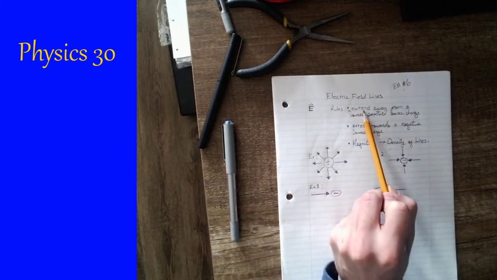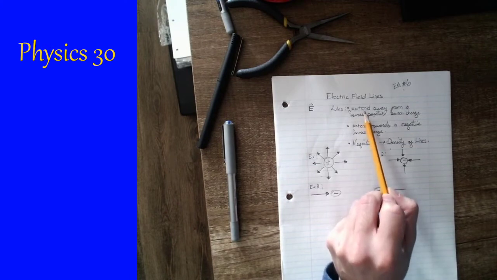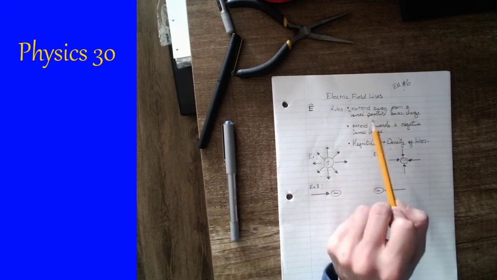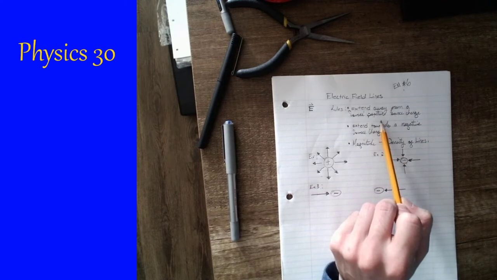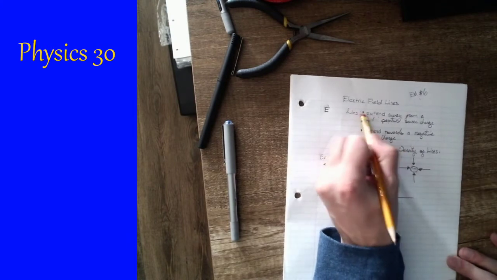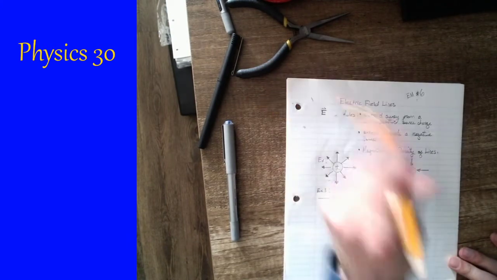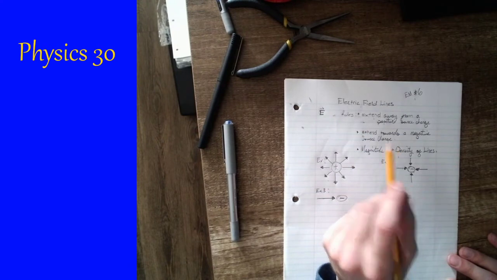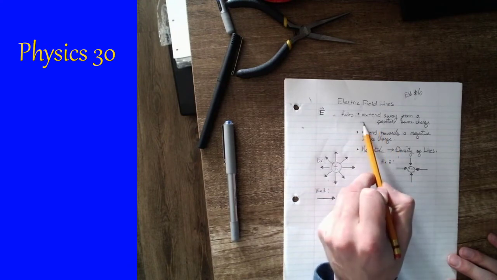The first being that electric field lines extend away from a positive source charge. This kind of makes sense.